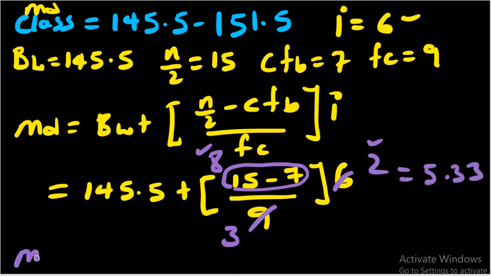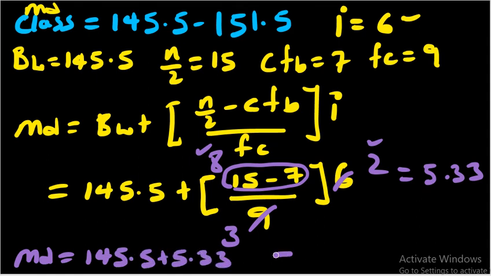Therefore, the median will be 145.5 plus 5.33, which, when you add it, will be 150.83. This will be the median of the class.